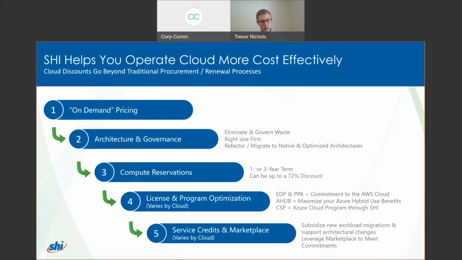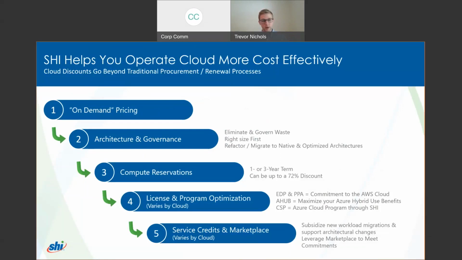I would say that, again, ensure that you have the right size before doing this, and also figure out what the lifespan of this particular application is going to be, and if it matches up to these different lengths of time. So those commitments can be upwards of a 72% discount off of what you're paying, and are a great way to help reduce costs.